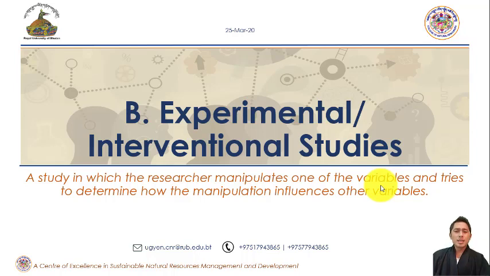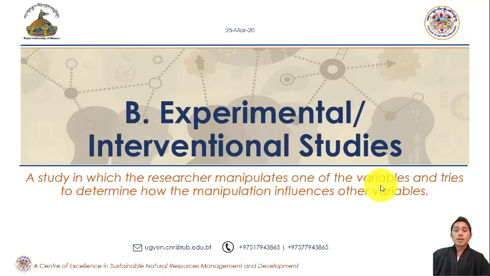So in this kind of study, what we do is basically we come up with some kind of treatment that is thought to reduce the bark beetle infestation in conifer forest. So what we do is we try to increase the dose of the treatment to those trees.